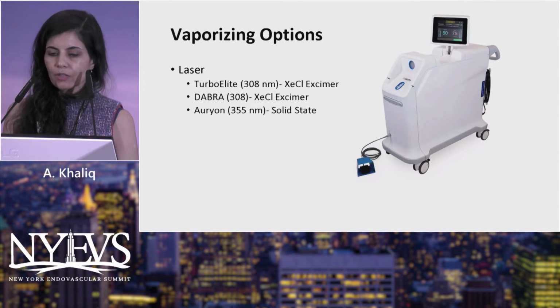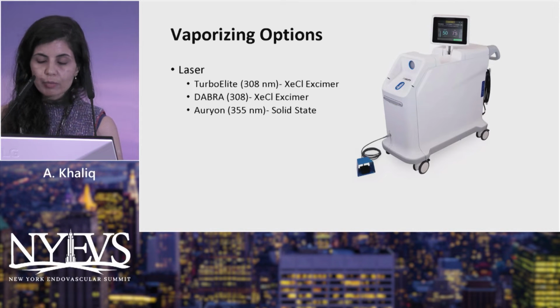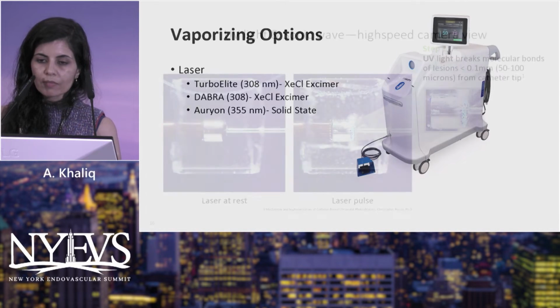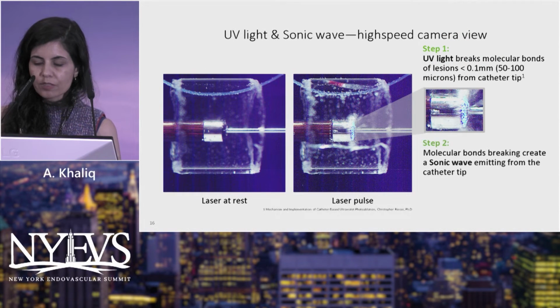Next. And now going to laser, and now that we have more than one type of laser, in addition to the Turbo Elite, we have Dabra and Auryon devices as well. Next. So essentially, lasers are vaporizing technology, which uses two mechanisms: sonic wave and UV light.